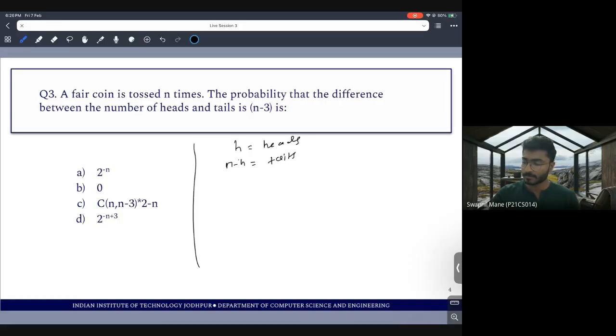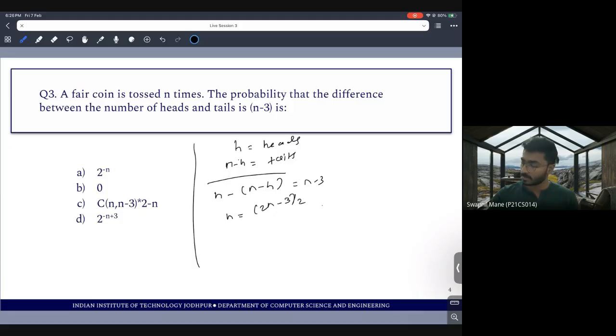We need to find the difference between the number of heads and the number of tails, which is h minus (n minus h), right? So h minus (n minus h) is equal to n minus 3. Solving this, we get an equation like h equals (2n minus 3) divided by 2.